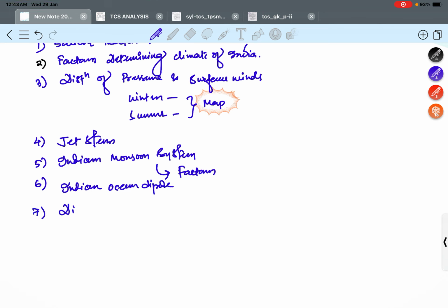Next is distribution of rainfall in India. Next, Indian seasons.